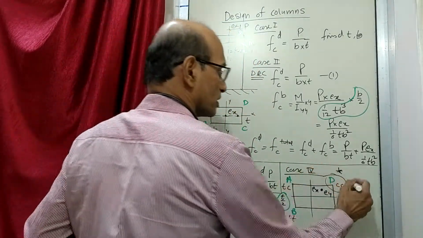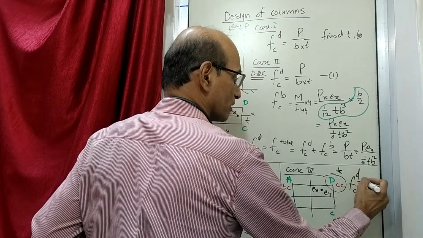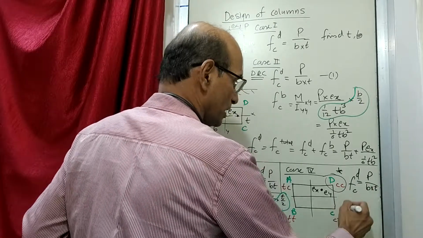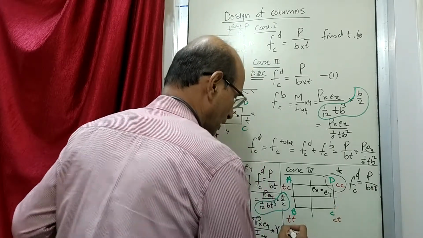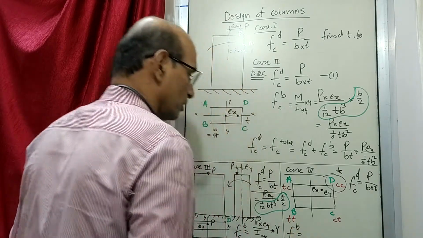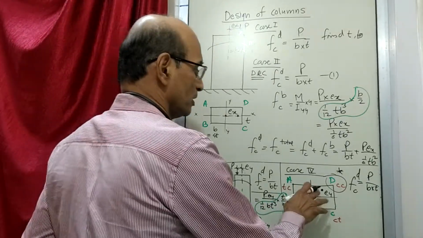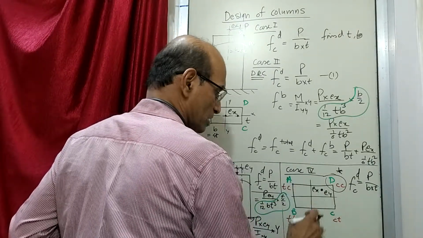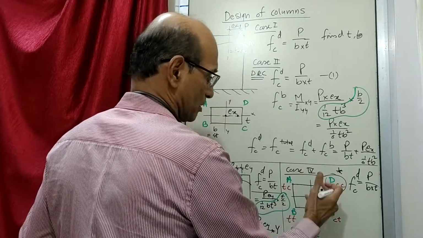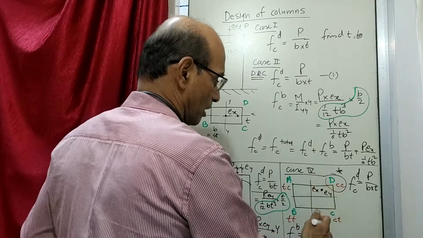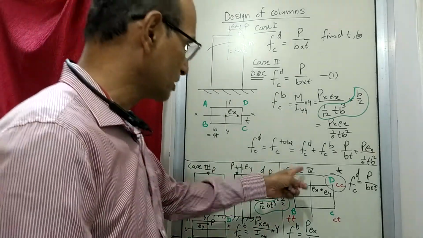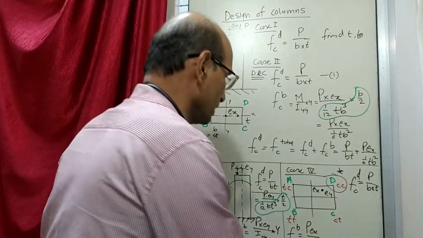So what will be the total stresses here? Compressive direct is load upon area, and bending. Now bending will be, I'll write different types. One is F compressive bending because of Ex. Because of Ex, what will happen? It will be P into Ex, this moment, P into Ex upon 1/6 of TB square, since this is the neutral axis.